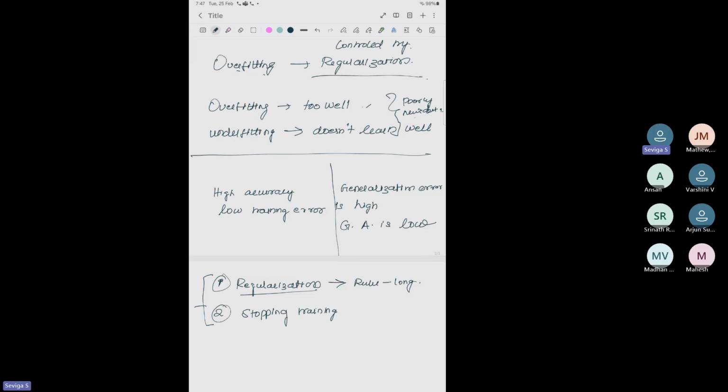We have overlearned that feature. We have overfit the input data. So the training is good, but the generalization or validation is bad. We have high accuracy in training and low training error, but the generalization error is high and the generalization accuracy is low. This is what happens during overfitting.